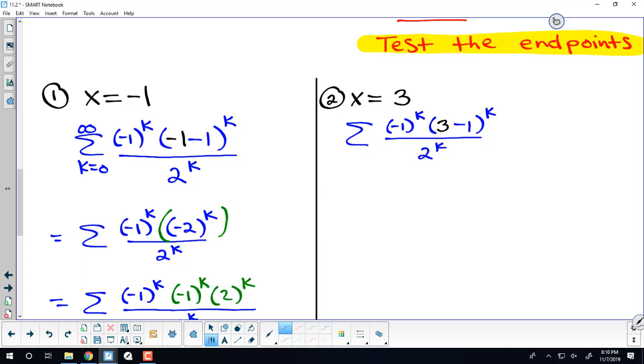That's just -1 times 2^k over 2^k, which is just the sum of (-1)^k. What do we know about that sum? It diverges, right? That sum is 1, -1, 1, -1. Diverges.